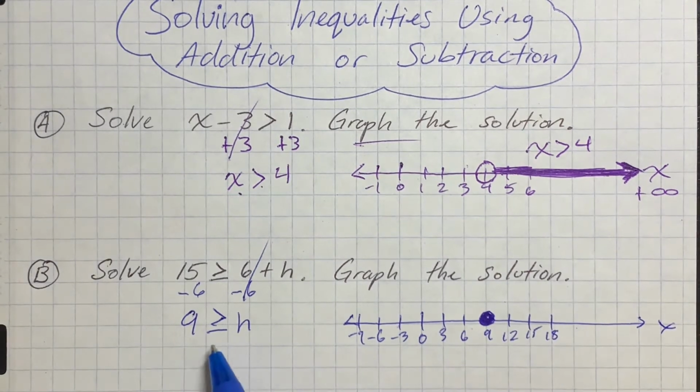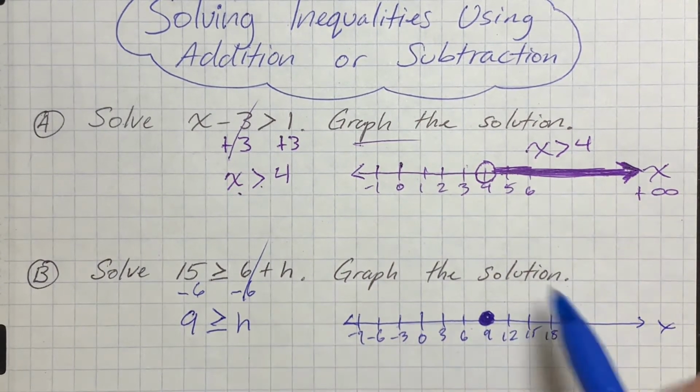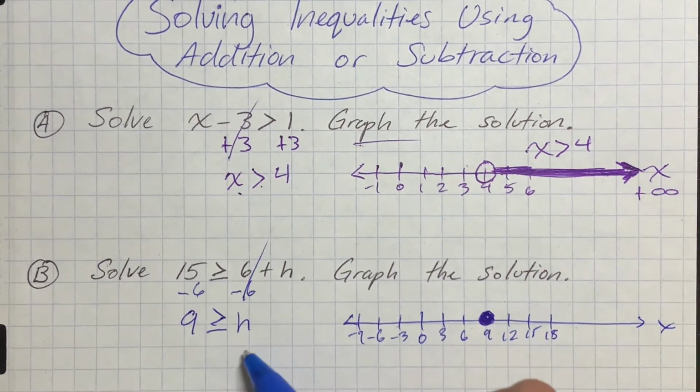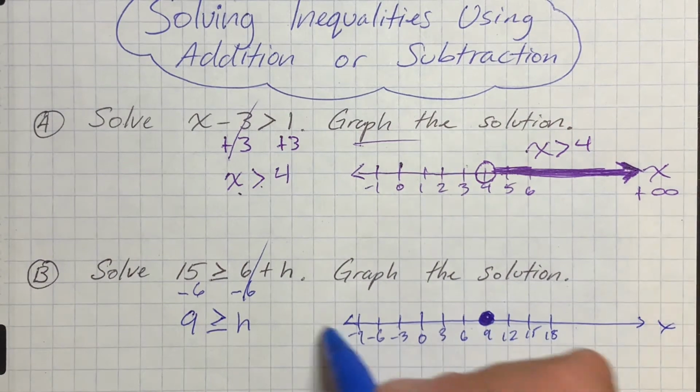Now again, 9 is greater than or equal to h. So whatever h is, it's less than or equal to 9. It could be 9 or it could be less than 9.